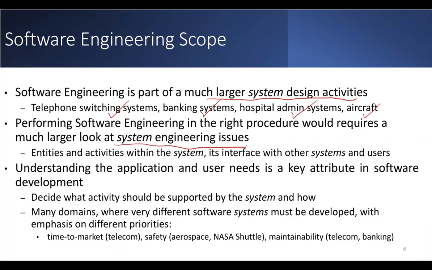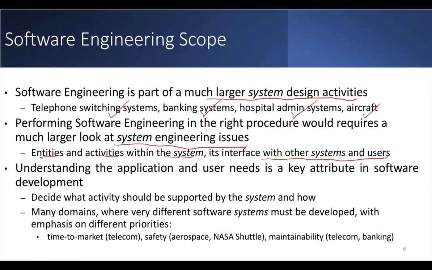The engineering issues we might need to investigate include entities and activities within the system, as well as the interface with other systems and users. In addition, we might also look at the boundaries between the entities and the activities, whether they are within the system or in interaction with the interface of other systems and users.